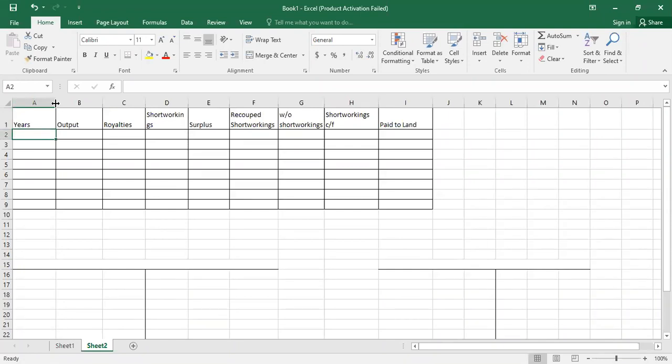So we have the years: 97, 98, 99, and 2000. Those are our years. Give me the output. You've been given the output there. The outputs are 8, 13, 21 and 18 tons. I'm confirming.